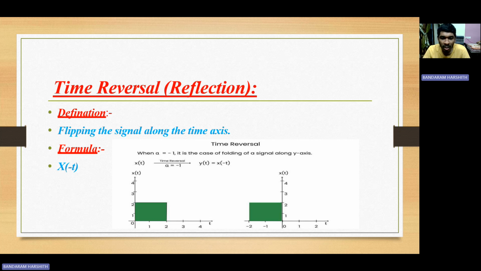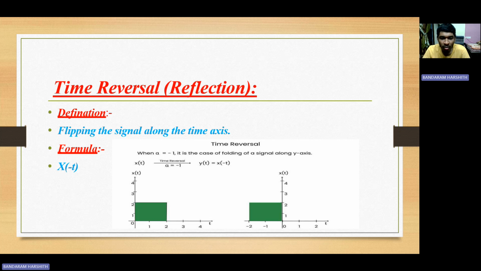Suppose we have a signal x of t, we are going to substitute for every value of t a negative value, that is minus t. This will flip the graph with respect to the y-axis to the left side. This will cause an exact mirror image of the signal with respect to the y-axis.